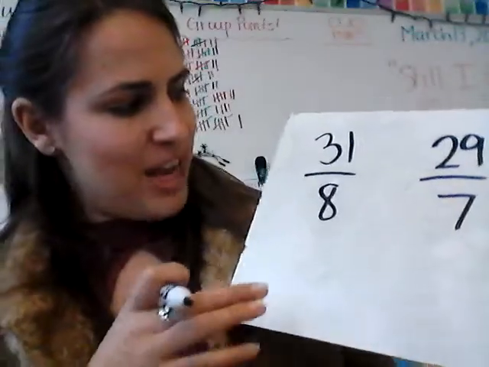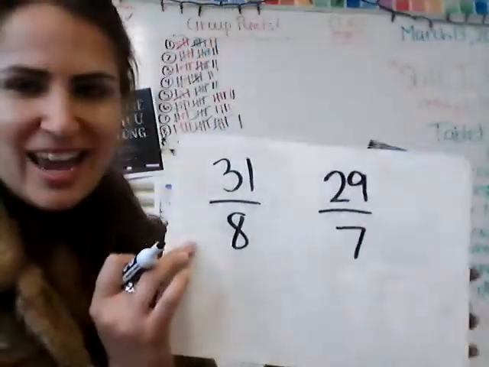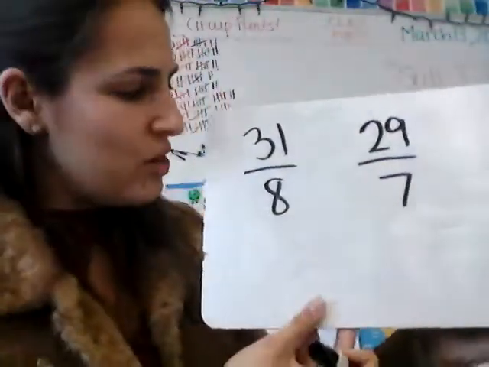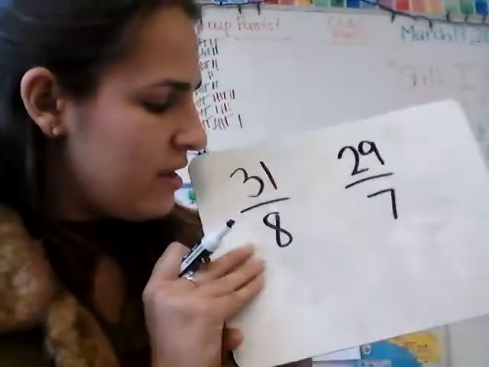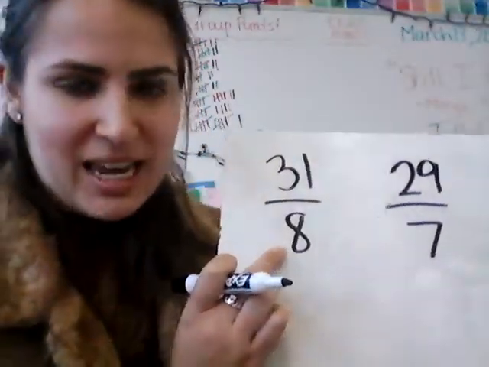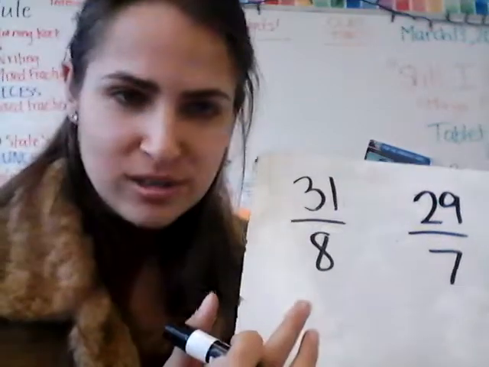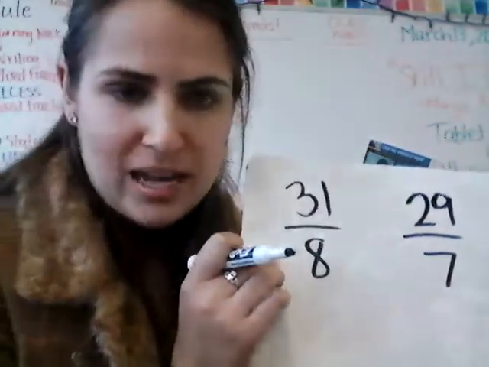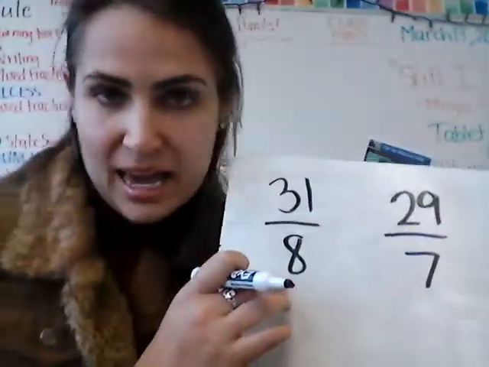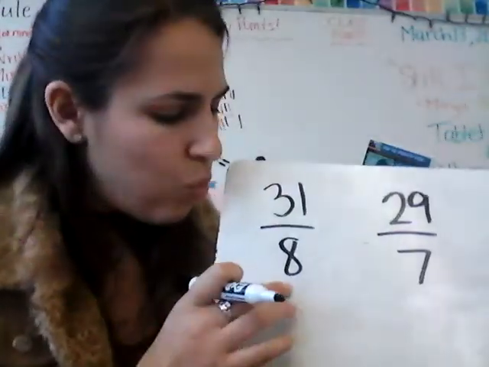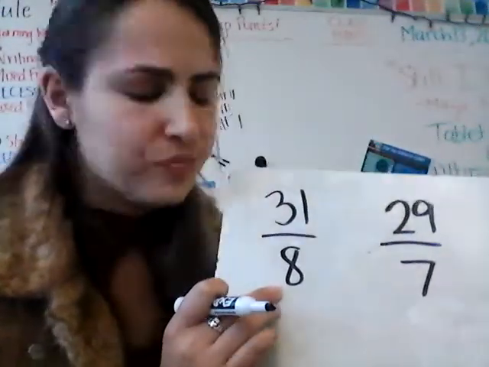But let's take a look first at 31/8. So 31/8, we first want to think about, how many wholes we have in 31/8. So we know that our unit is eighths, and one whole would be 8/8, right?